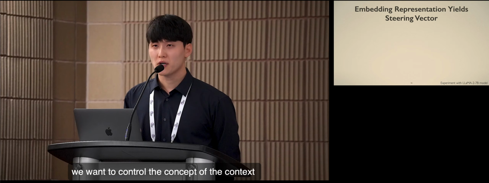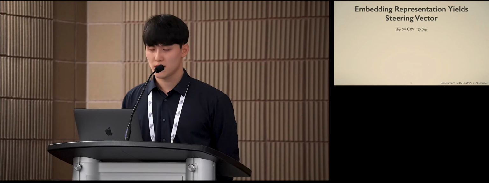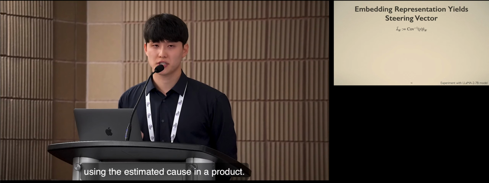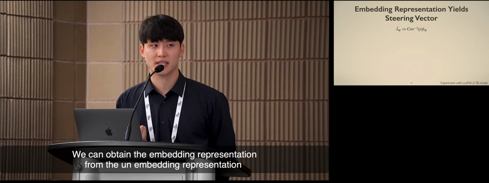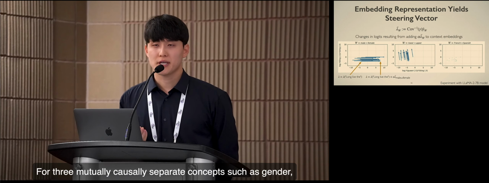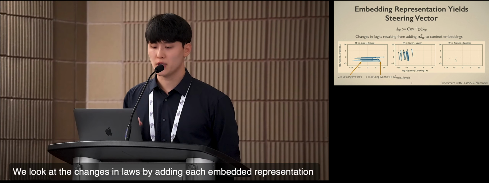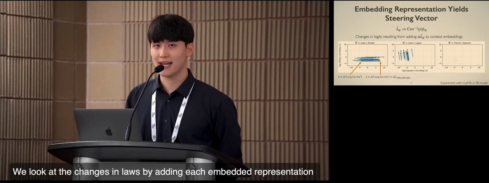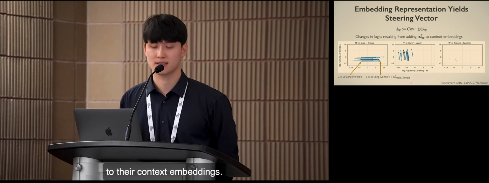Lastly, we want to control the concept of the context. Using the estimated causal inner product, we can obtain the embedded representation from the unembedded representation. Here, for three mutually causally separable concepts such as gender, capitalization, and language, we look at the changes in logits by adding each embedded representation to their context embeddings.